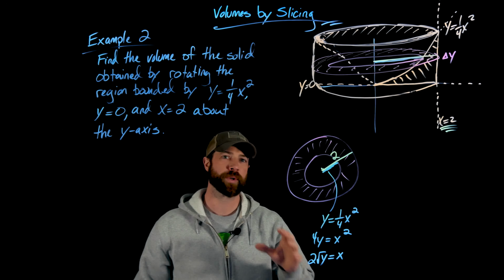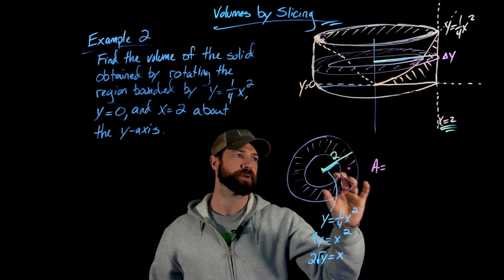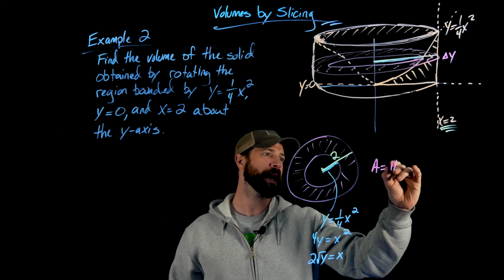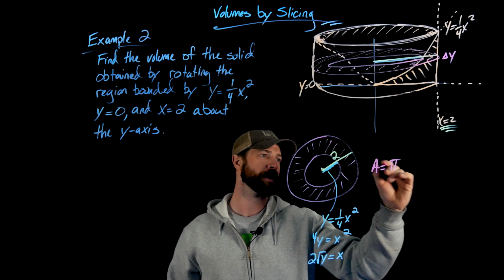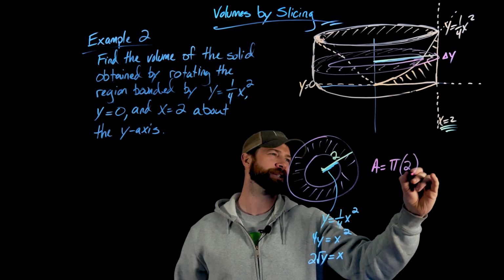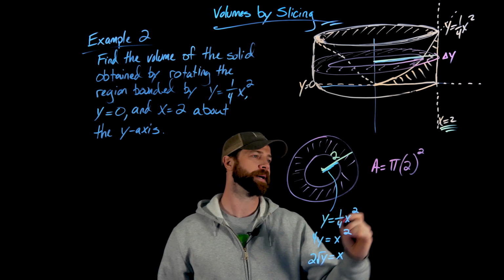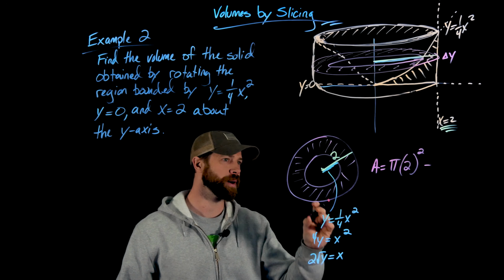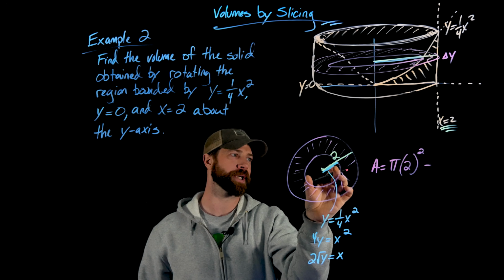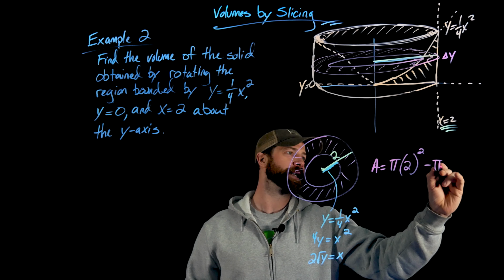Then the area of this cross section is determined by the outer radius. We have this outer circle, and we compute that whole thing. That's pi r squared, so pi times 2 squared, which is just 4 pi. And we're going to subtract out, or punch out, this inner circle, which is pi times the radius squared.